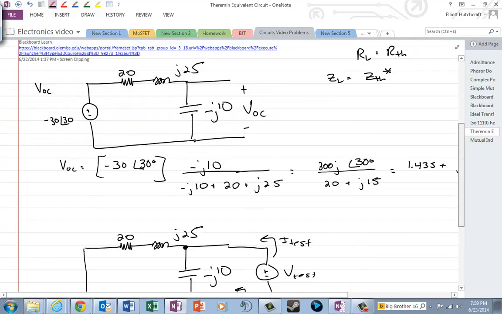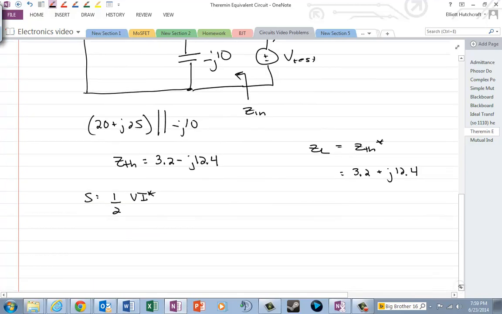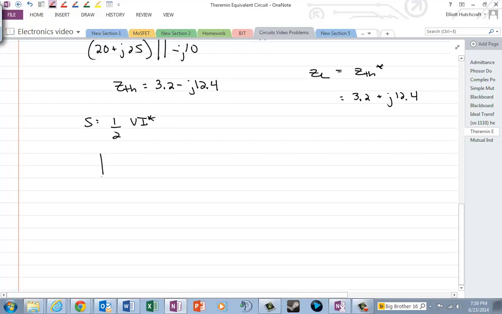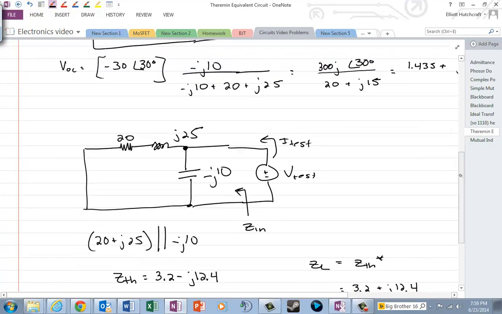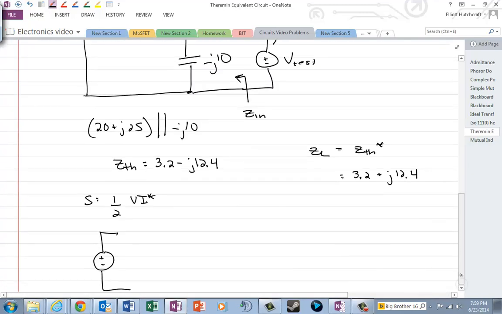that makes sense because our equivalent circuit now looks like this. We have an equivalent circuit. V Thevenin is equal to that V open circuit, which was 12 angle 83.13. And our Z Thevenin is 3.2 minus J12.4.